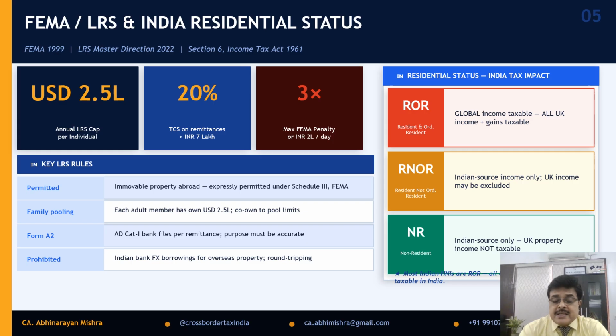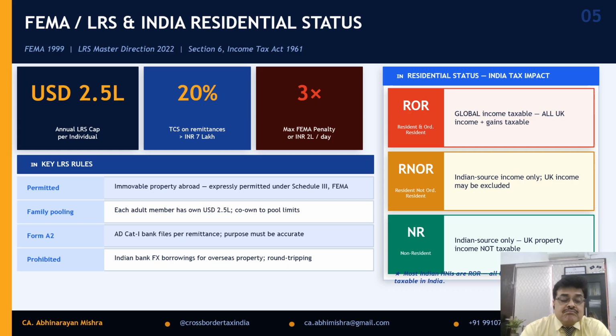Each Indian resident can remit up to USD 250,000, roughly around 2 crores, per financial year for overseas property. Every remittance needs a Form A2 with the correct purpose code. Use full family members' limits to fund higher value properties.